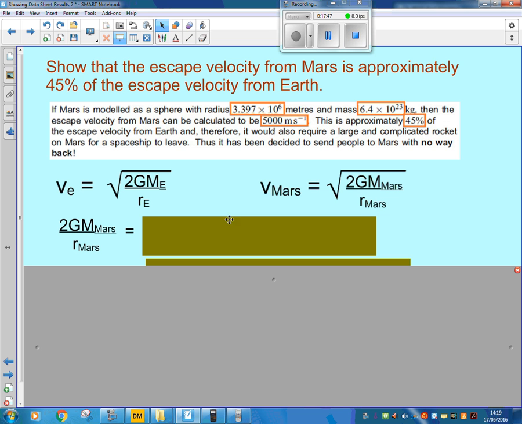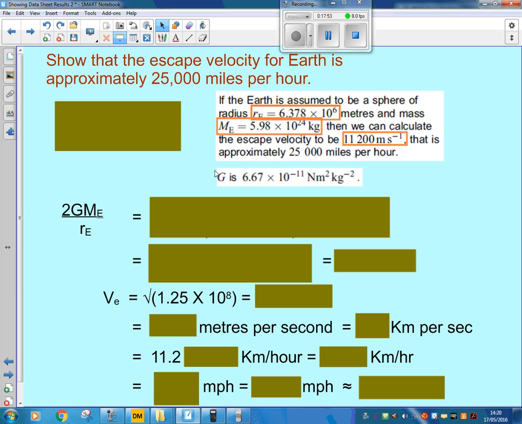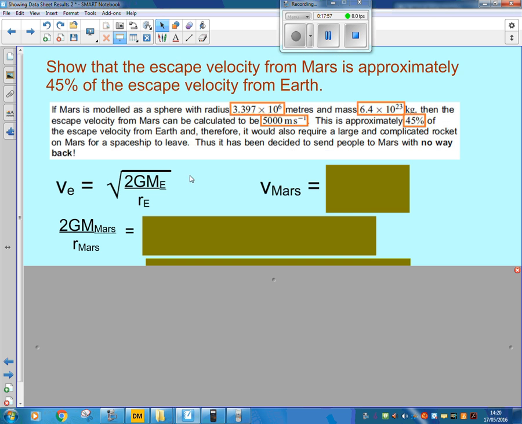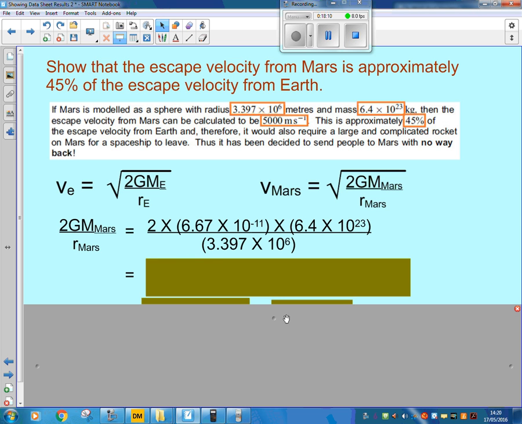So slot the numbers in, and we get 2 times G, well that's the G value from over here, 6.67 times 10 to the minus 11, then we've got the mass of Mars there, then the radius of Mars there. Like before, I'm going to simplify it first.